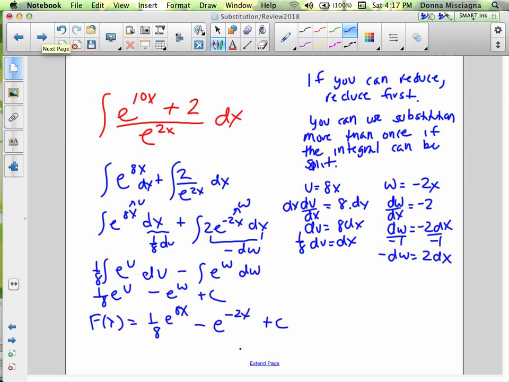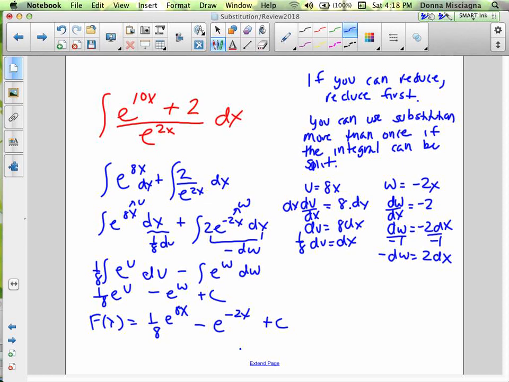And if we took a look here, let's just talk about the derivative. If we took the derivative, the 8 would move in front. You'd have 1/8 times e to the 8x times the derivative of 8x, which is 8. The 1/8 and the 8 would cancel, and you would just have the e to the 8x.